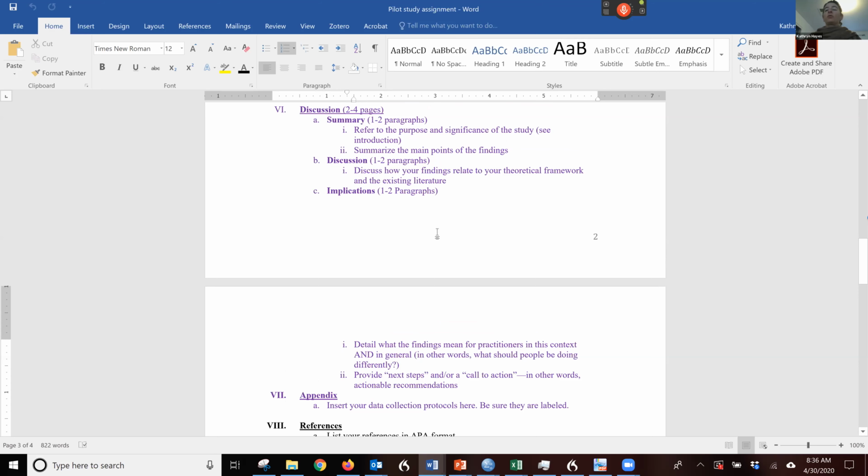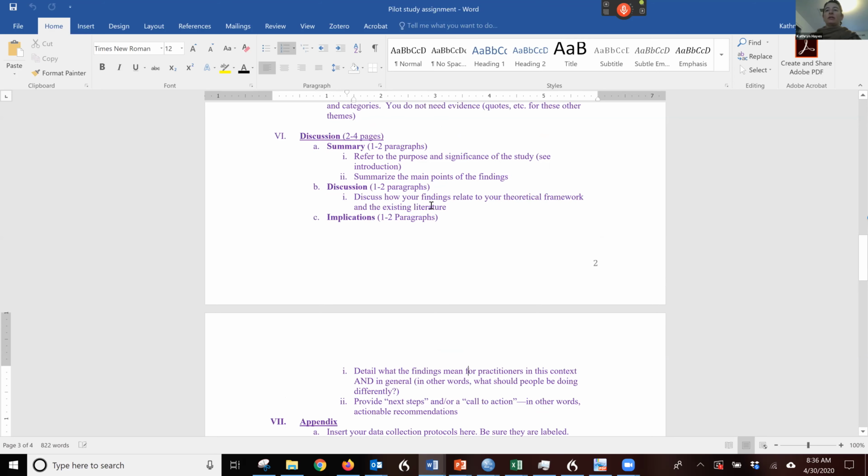One of the things I find really useful in writing a discussion, there's two things actually. One is that I make bullet points as I write my findings of things to think about in the discussion or come back to in the discussion. It's okay if you've already written your findings and you haven't done that.